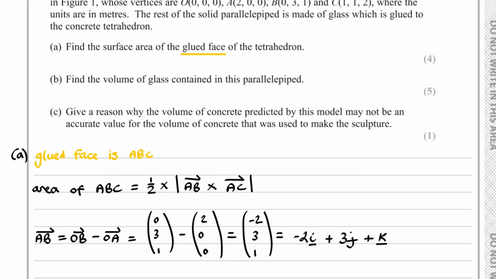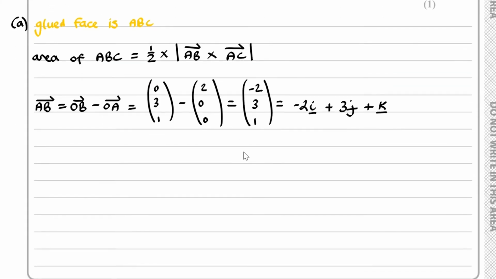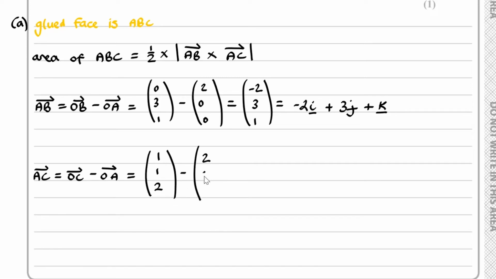Okay. Similarly, the vector AC. AC is the same as OC minus OA. So we have OC, which is 1, 1, 2, minus OA, which is 2, 0, 0. The result of this would be -1, 1, 2. And if we work this out, we end up with -i plus j plus 2k. Okay?